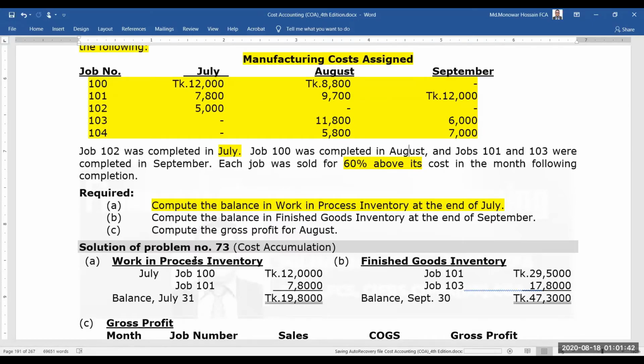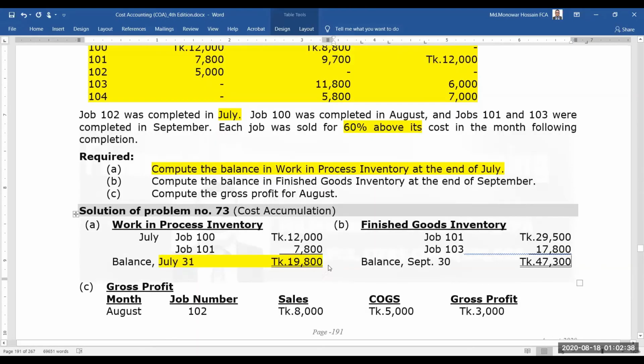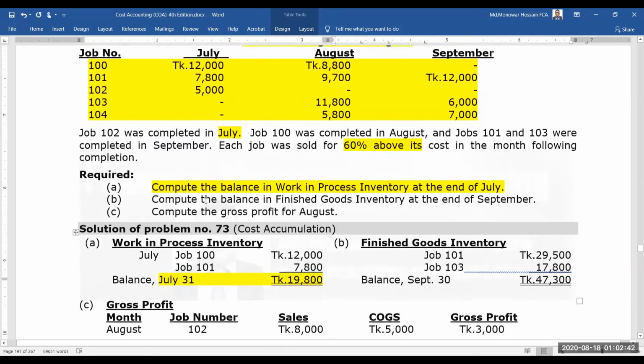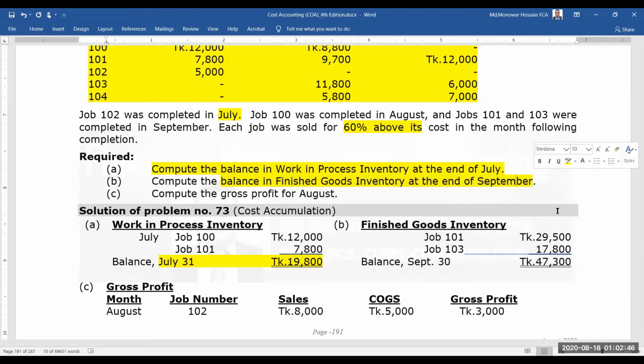Okay. And 101 and 103 were completed in September. So in the month of, for example, July, only 101, 7,800. So on 31st July, the work in progress inventory would be 19,800. Now B, compute the balance of finished goods inventory at the end of September.